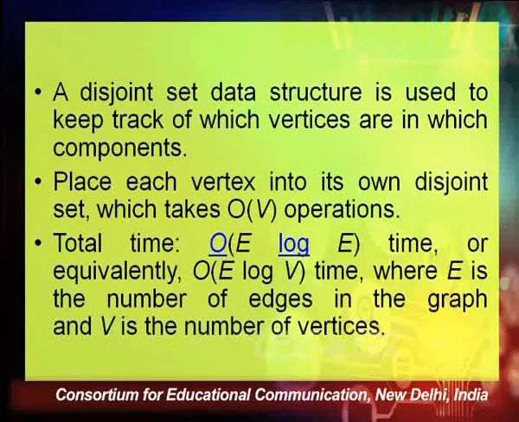Then we need to place each vertex into its own disjoint set by make set V, which is going to take order V operations. So the total time, if we sum up all these operations, is e log e time, or equivalently e log V time, where E is the number of edges in the graph and V is the number of vertices.